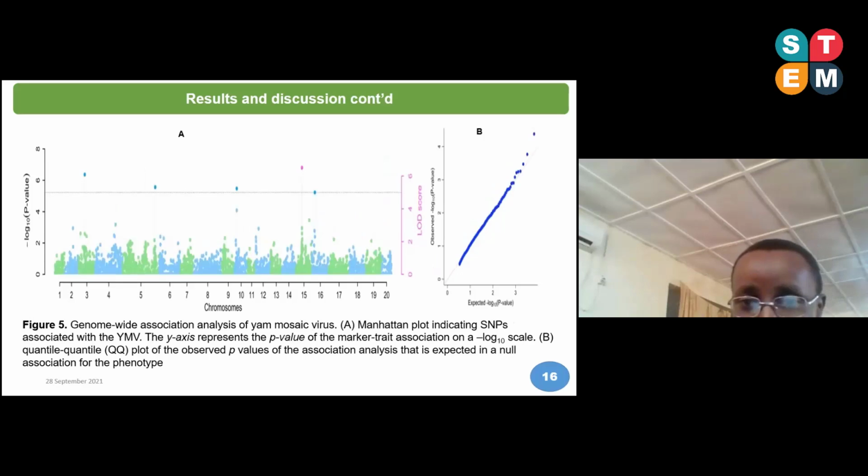So also similarly, when we look at the Yam mosaic virus, we can also see that about 5 chromosomes were identified that are actually depicting traits or alleles for the Yam mosaic virus.